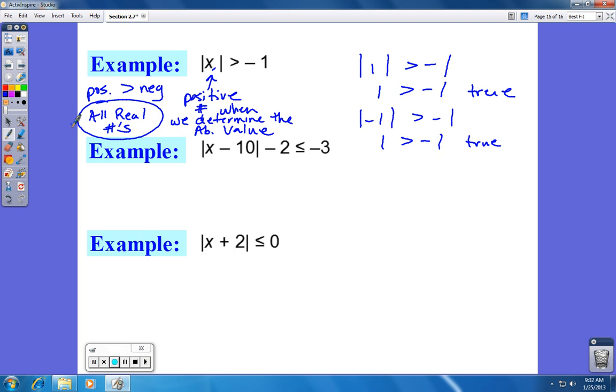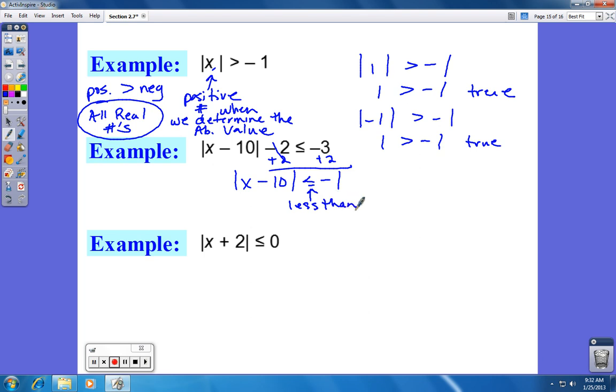Okay? Alright, well, let's look at this particular example. When we go to rearrange here, even though this is a negative number, you still want to get this absolute value inequality by itself. So we're going to add 2. That's going to give us the absolute value of x minus 10 is less than or equal to negative 1. Now we have less than.